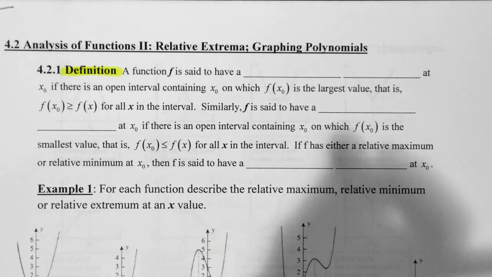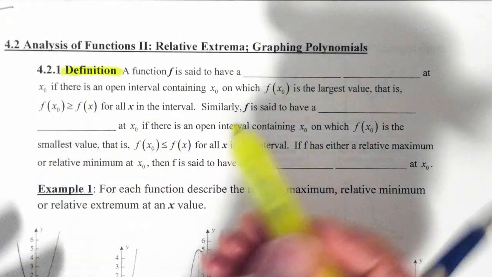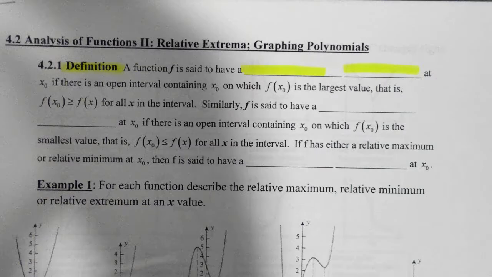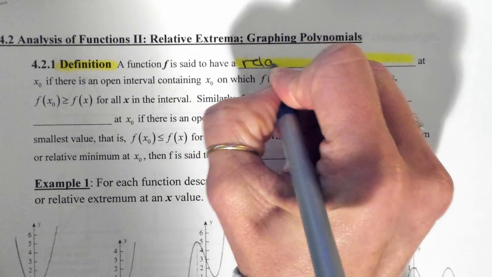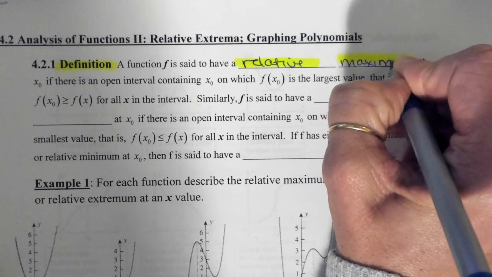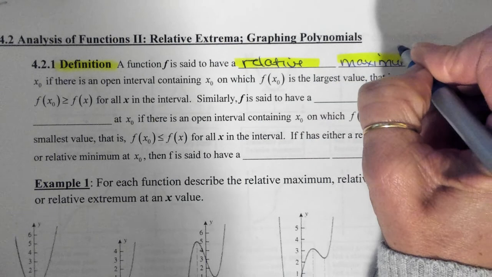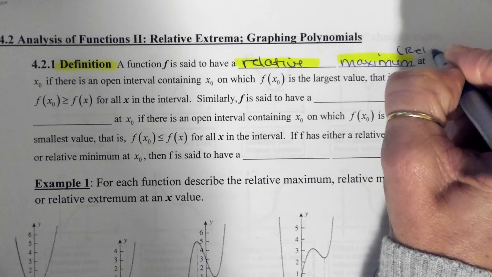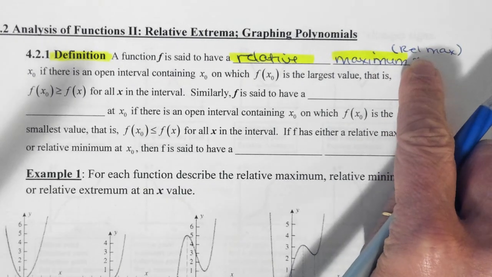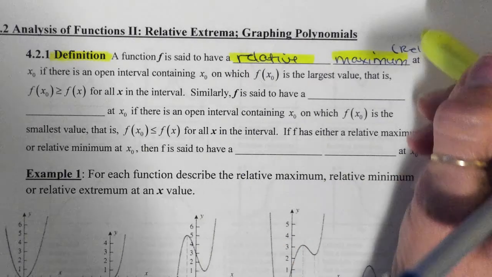All right, so a function f is said to have a relative maximum, also abbreviated as REL max, and you can use this. This is recognized on the AP, so I will recognize it in class.